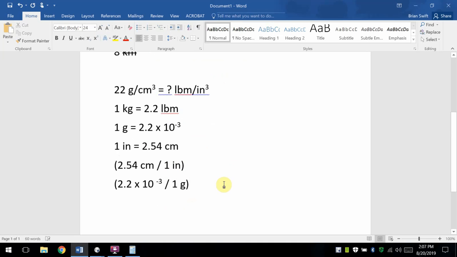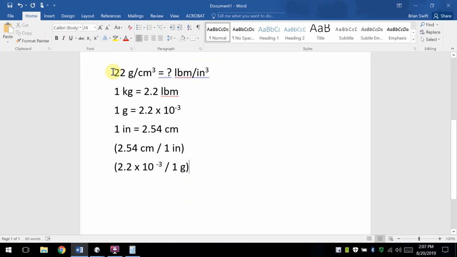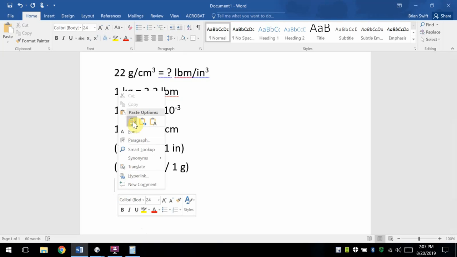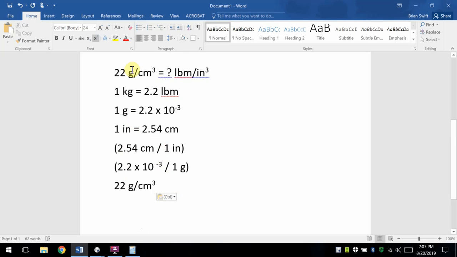Okay, so what we need to do is take our quantity here, copy. We're going to move it down here, paste. Then we multiply it by something to get rid of the gram in the numerator. I left the units off here. Pound mole, I'm sorry, pound mass.